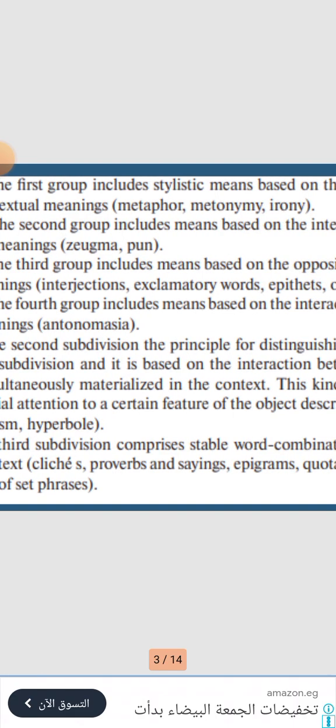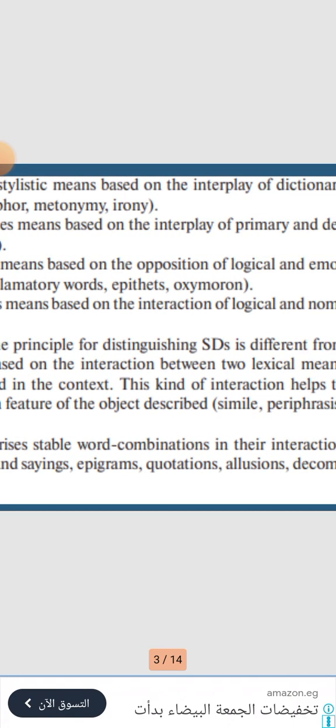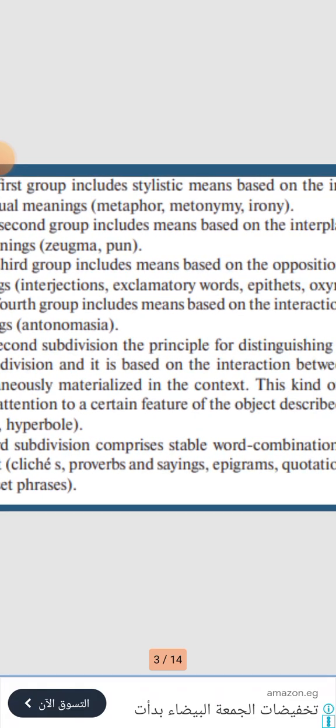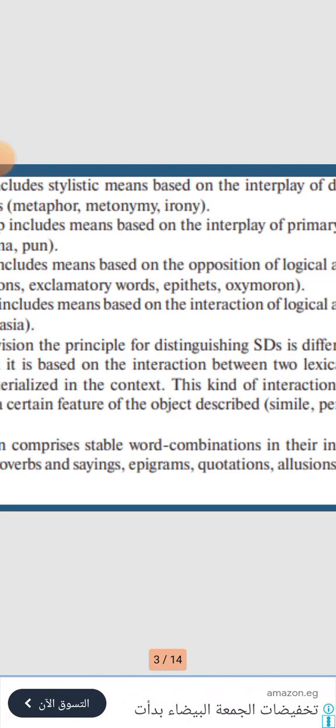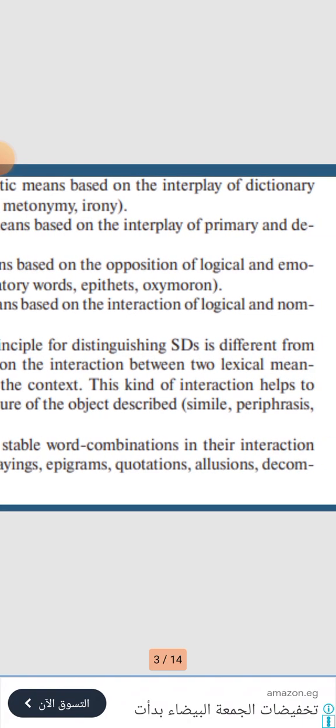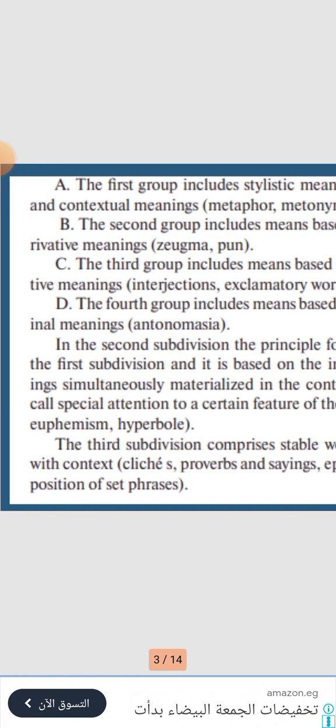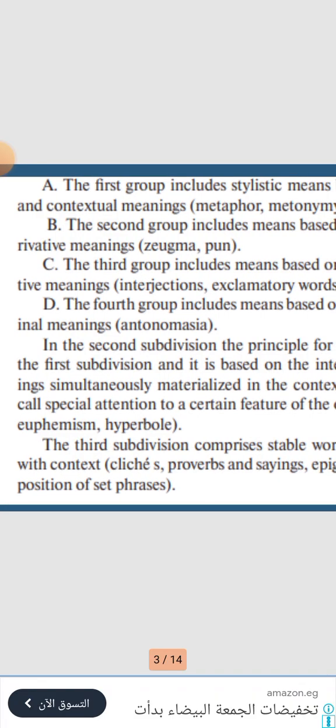The third subdivision comprises stable word combinations in their interaction with the context: cliché, proverbs and sayings, epigrams, quotations, allusions, decomposition of set phrases. These are how the lexical expressive devices are divided into certain groups, and they all help in enhancing the style of a certain text.